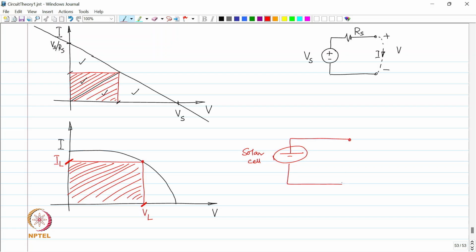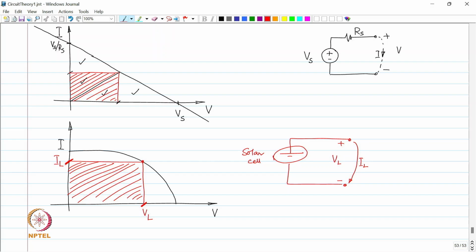You want to ensure that this voltage is VL and this current is IL. How will you do that? By placing an appropriate resistor over there. That resistor is going to draw the maximum power out of this source. So, accordingly you can partition the source.